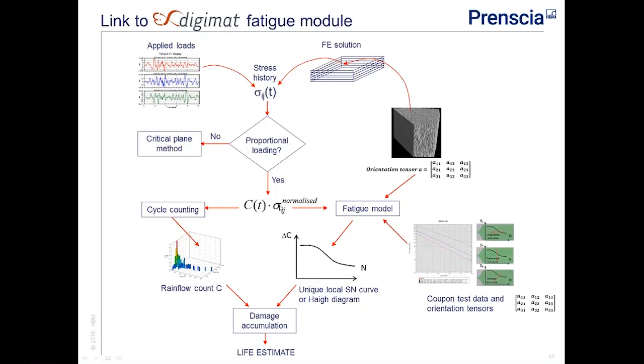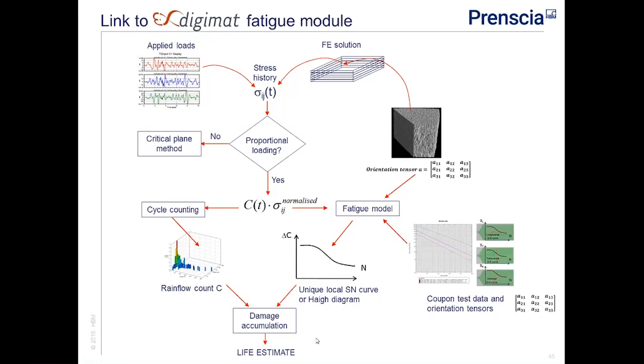And this normalized stress tensor, we can hand that over to Digimat, and we basically call out to Digimat at every node or element, and they compare the stress state with the orientation tensor and use their fatigue model to give us back a unique local SN curve, or more recently they can also give us a unique Haigh diagram for each calculation point. And then we can use that in a conventional way to do our rainflow cycle counting and damage accumulation and get a life estimate.